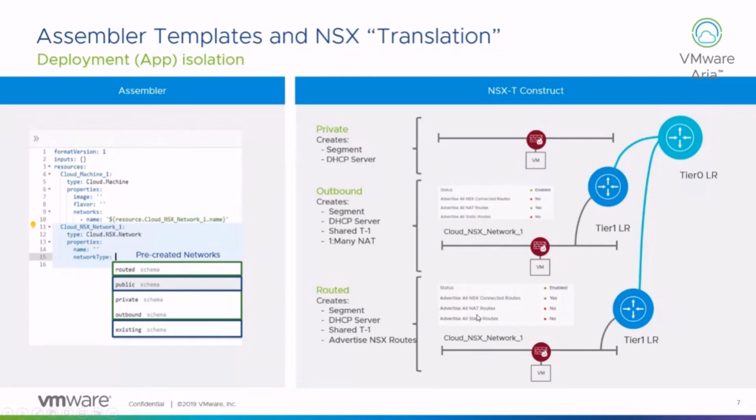And here, instead of advertising all the NAT routes, we advertise all the connected routes. And therefore, these machines are able to connect to the outside network accordingly, and it also enables routing back into those VMs on those networks via the tier 1 that they're connected to.